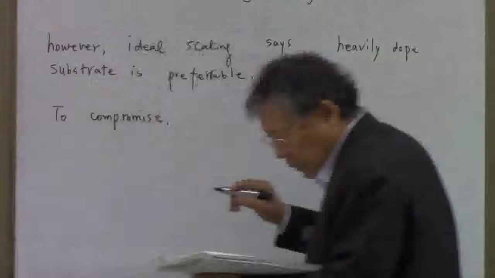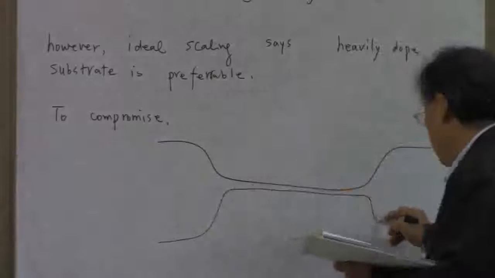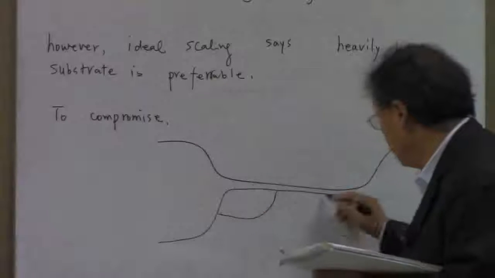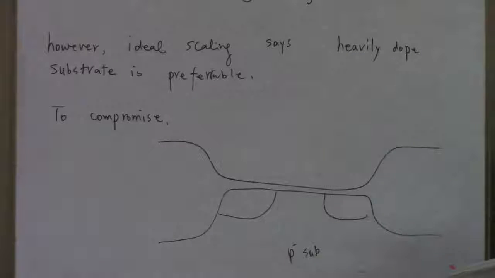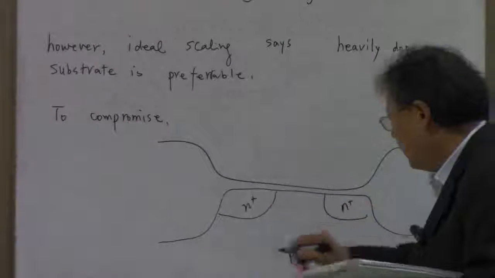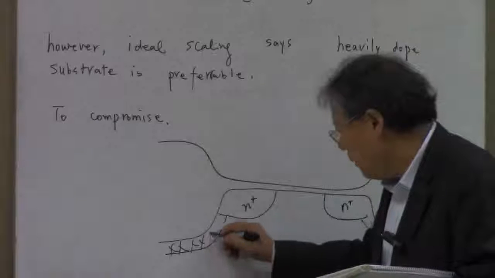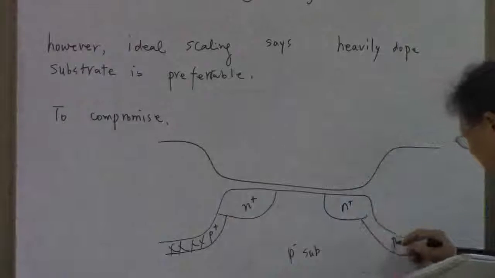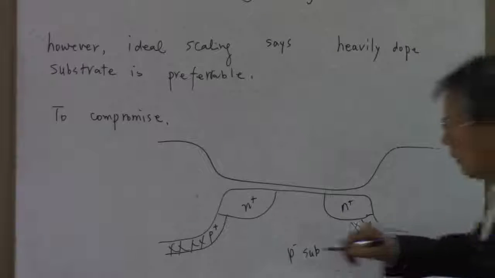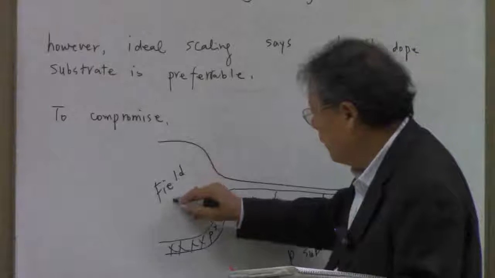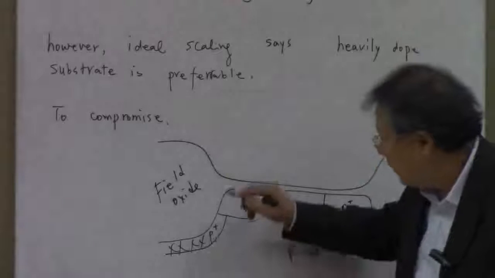what you can do in an actual process, you can have a transistor, for example, P sub, okay, and then here's the N plus, and then you're going to have a channel stop implant, P plus, P plus, this is the field oxide, okay, and this is the channel stop implant.